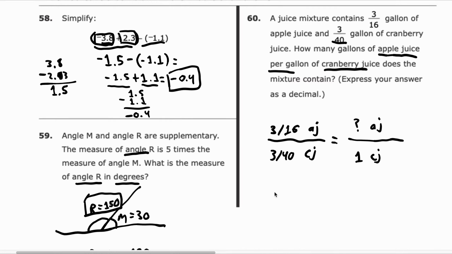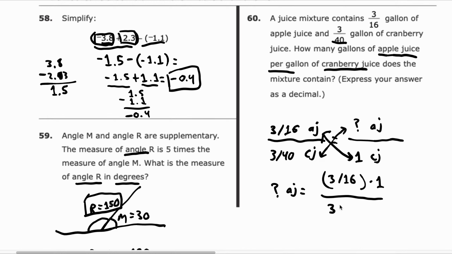We can do this by cross multiplication. So the number of gallons of apple juice is 3/16 times 1, divided by 3/40.